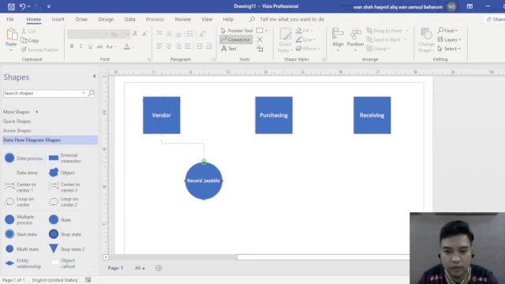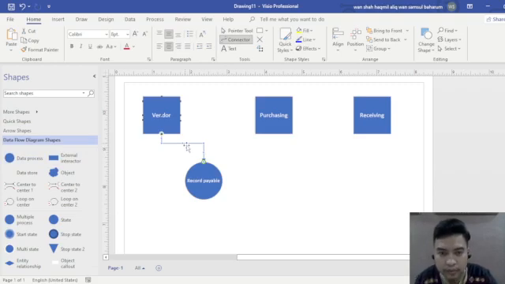So the vendor will send the invoice to the transformer to record the payable. So we put this data flow as the invoice.